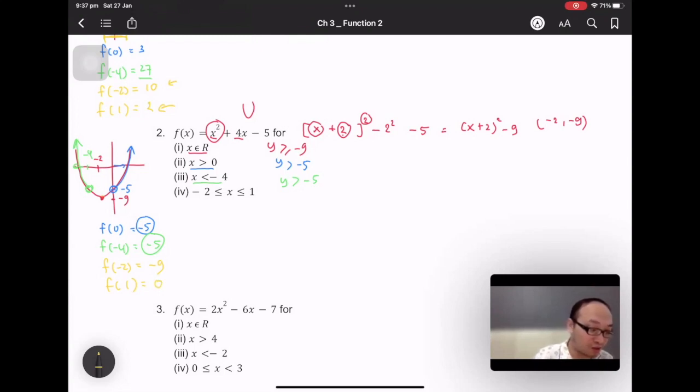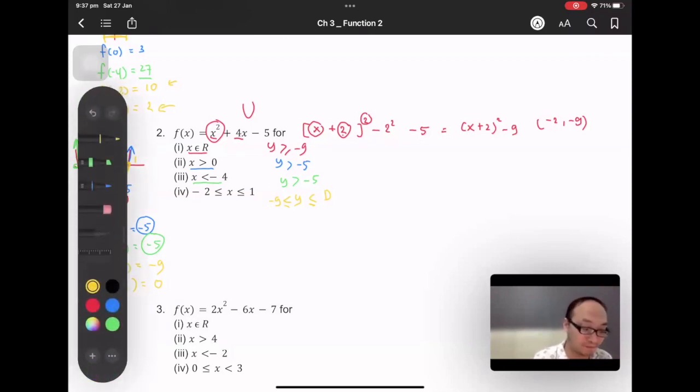So from here inclusive until here, 1 inclusive. So it will be this. So again, this is a 1-1 function. So it will be y between negative 9 and 0, and both are inclusive. That's for number 2.